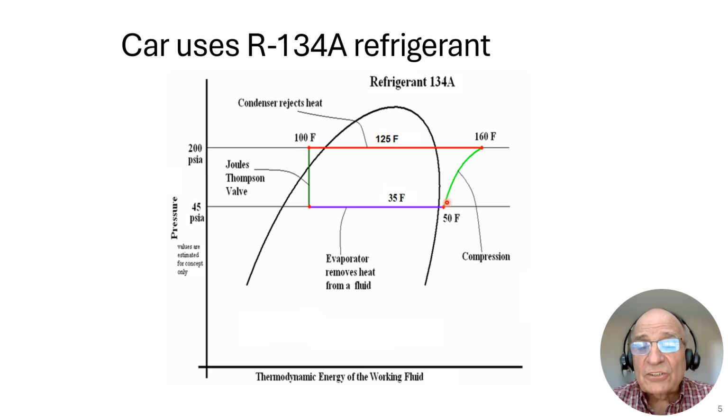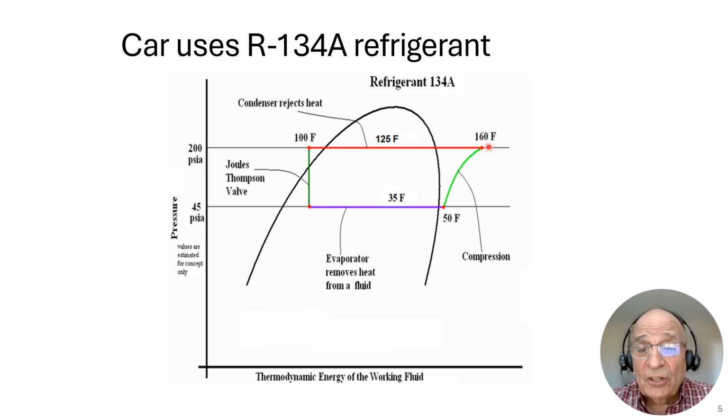We enter the compressor at approximately 50 degrees Fahrenheit, and that's the R134A that's coming out of the evaporator coil, and it's being compressed up to some higher pressure. In this case, I've selected 200 psi, and I'm looking at a temperature of 160 degrees Fahrenheit.